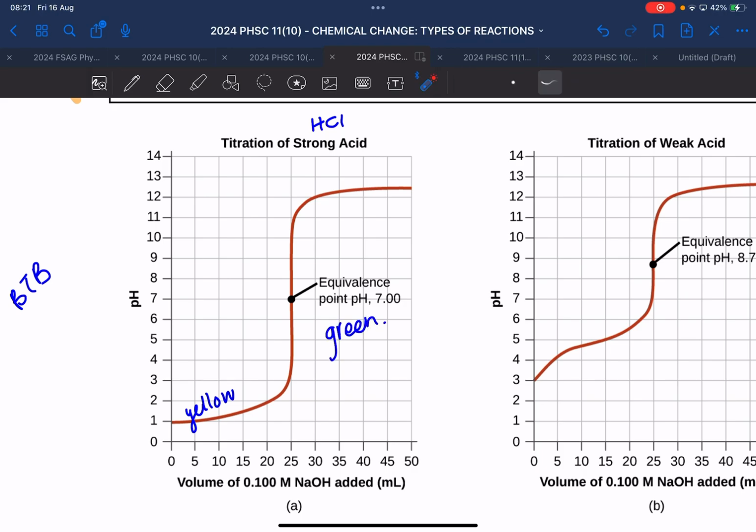The pH will be around 7 because it's a strong acid and a strong base. And then that one drop caused it to become what? Blue. So there where it was yellow, it was an acid. There where it was green, it was neutral. And there where it was blue, it was a base.